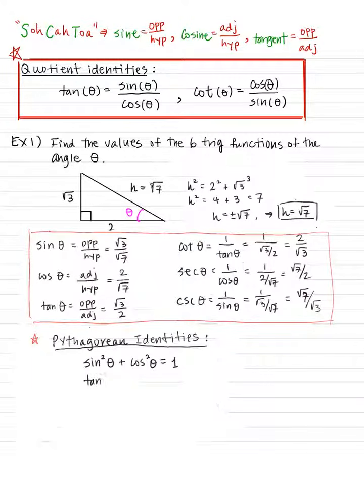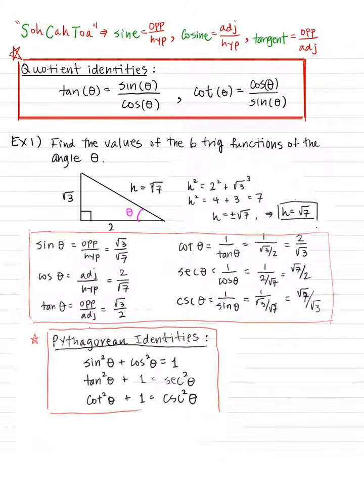And tangent square of theta plus 1 equals secant square of theta. And cotangent square of theta plus 1 is cosecant square of theta. All right, so these are called the Pythagorean identities, which you are required to memorize.